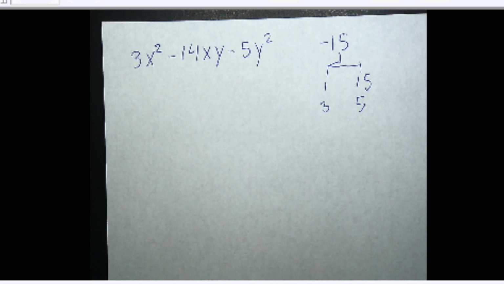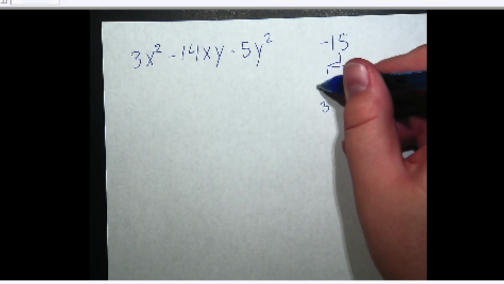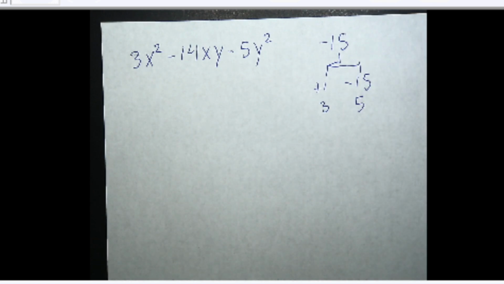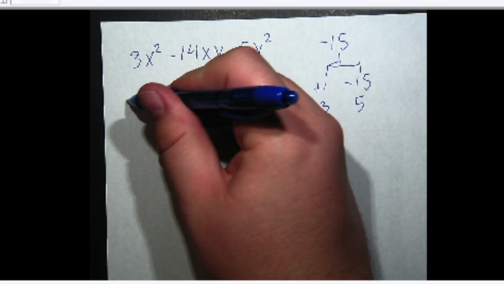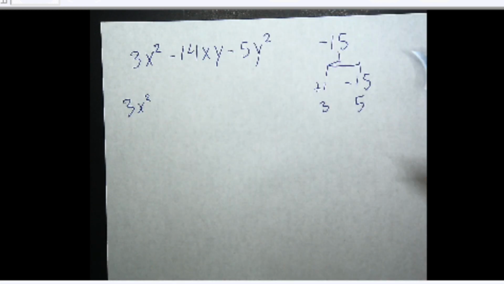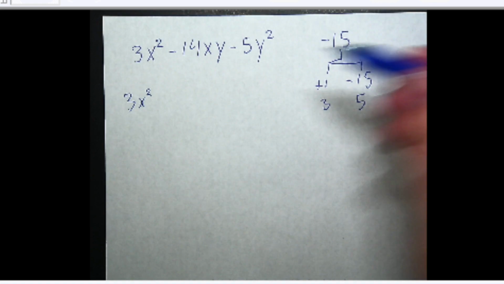So remember, we want a pair of these that will multiply to negative 15, but combine to negative 14. 1 and 15, which one is positive? Remember, we want negative 14 when they combine. So positive 1, negative 15. All right. So we're going to rewrite this thing now. 3x squared plus 1xy.